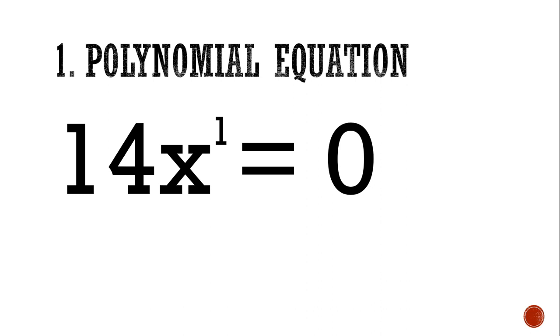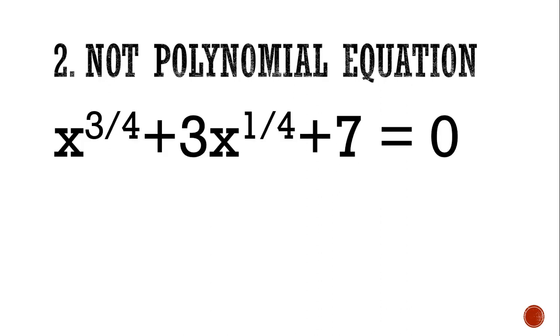Since 1 is a whole number, therefore, the equation is a polynomial equation. Number 2, the first term and the second term of this equation have fractional exponents, 3/4 and 1/4. And we know 3/4 and 1/4 are not whole numbers. Therefore, this entire equation is not polynomial.